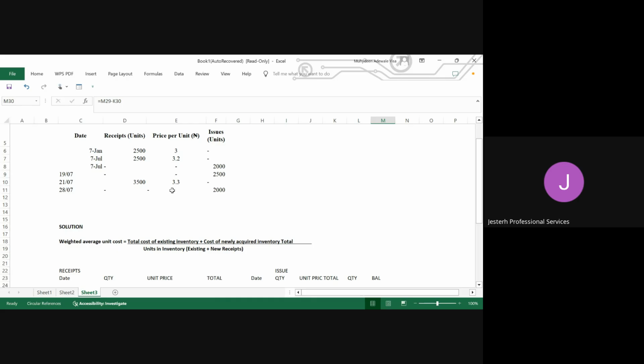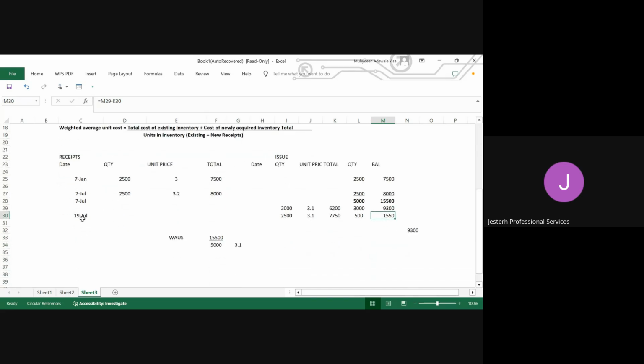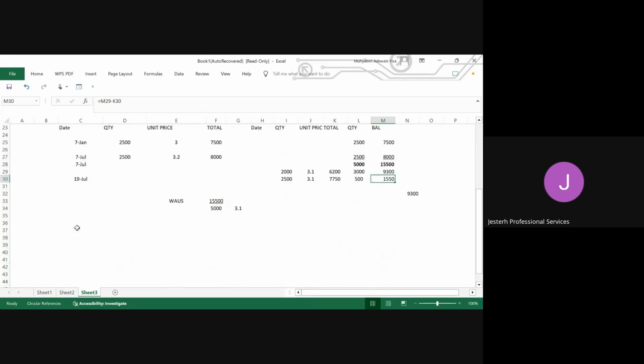Now at what unit price? At 3 naira 3 kobo. Now you come to this place on the 21st, come here on the 21st July, 3,005 at what rate? 3 naira 3 kobo. Now what is our total value?